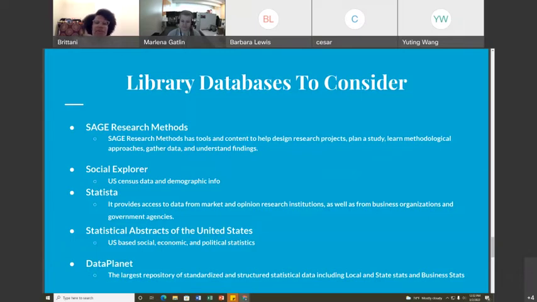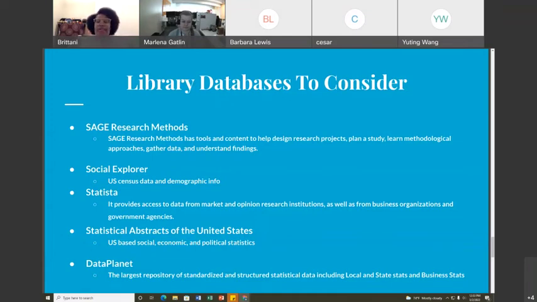We also have Social Explorer, which is a US Census database. And you can also get demographic info through it. I just saw that they did an update, so it looks very different, but you basically can go through and click on pieces of the country, and usually a little pop-up will hover that shows you the population demographics, ages of people, gender identity, however it was collected in that particular year that you are looking at.